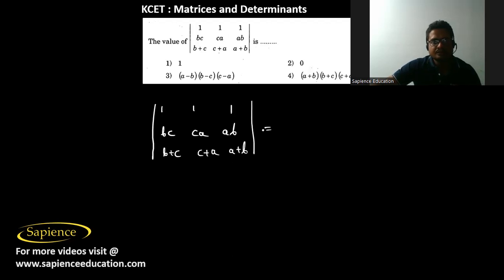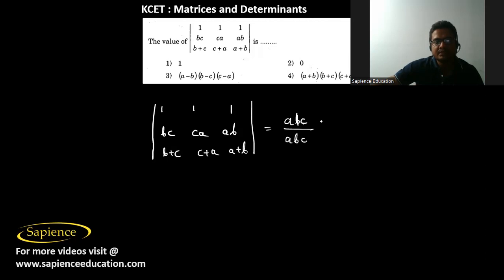So here what we can do, first we can multiply the elements of the first column with A, the elements of the second column with B, and the third column with C. So it means we can multiply and divide by ABC.